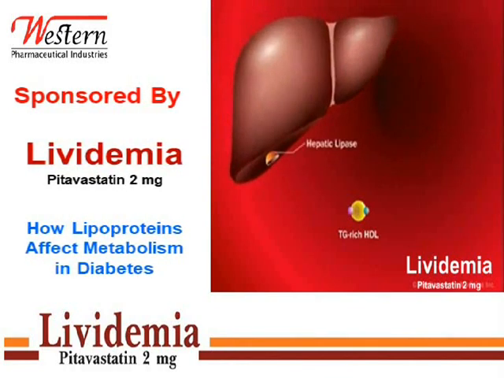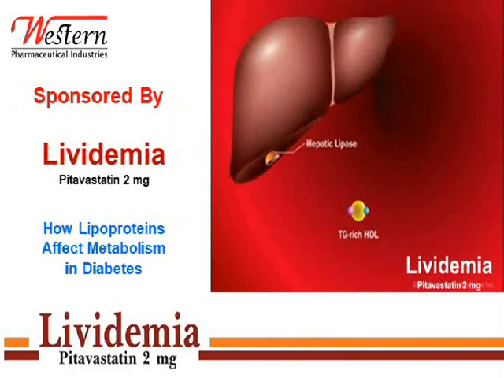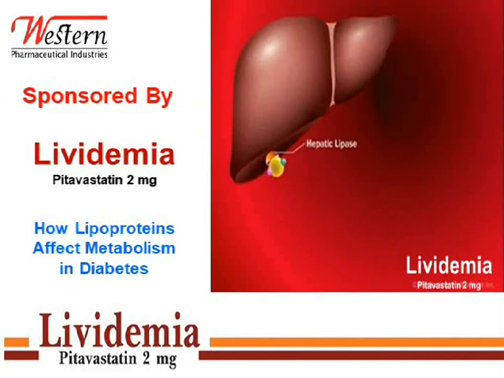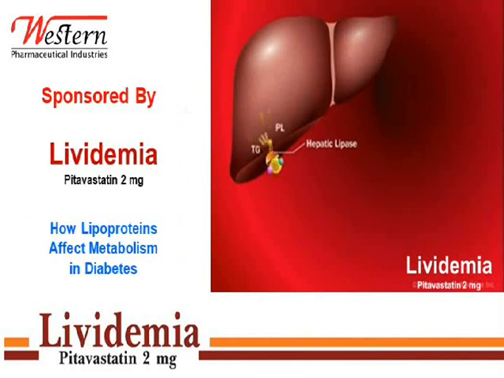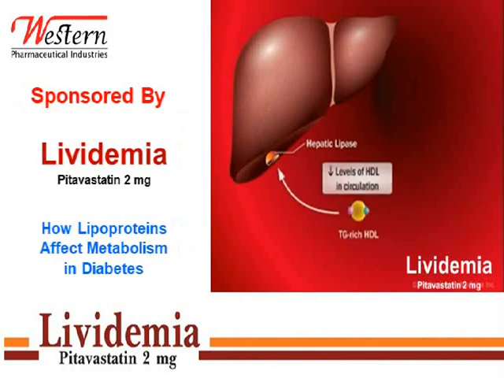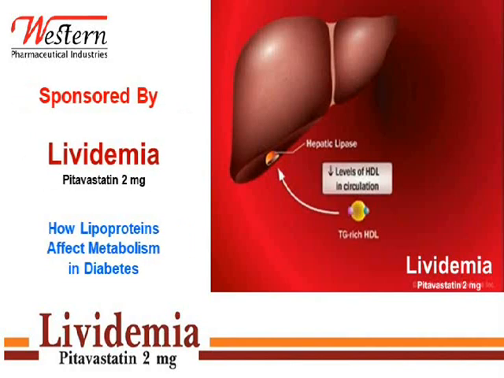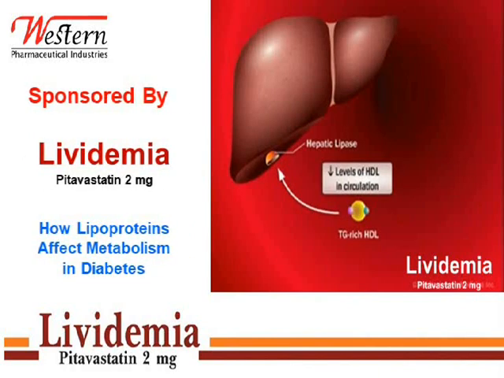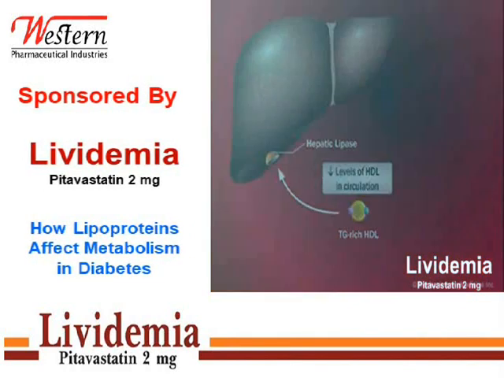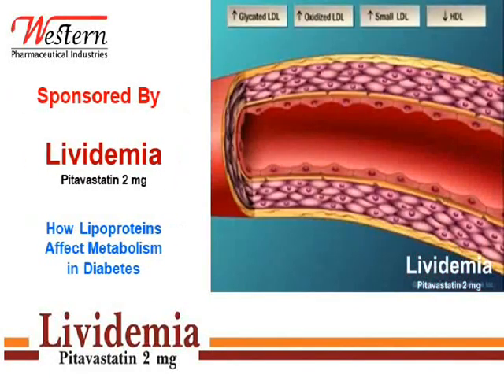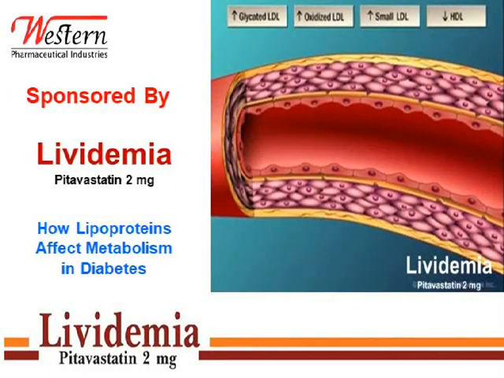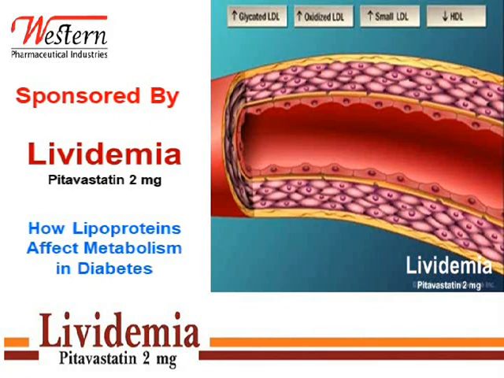Triglyceride-enriched HDL particles, once circulated to the liver, are more likely to enter hepatocytes, become acted upon by hepatic lipase, and thus be removed from general circulation. This increased clearance leads to reduced levels of circulating HDL cholesterol. In summary, there are multiple lipid abnormalities that can be found in diabetes.